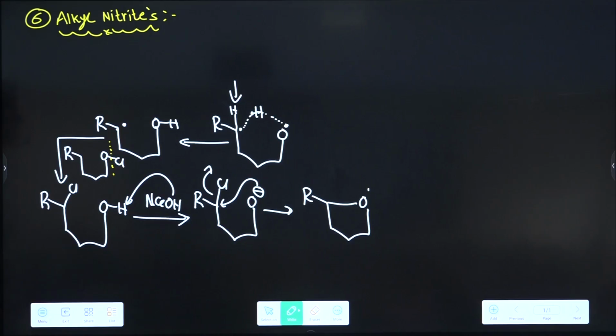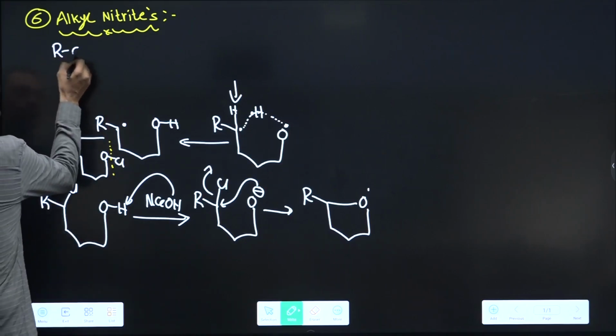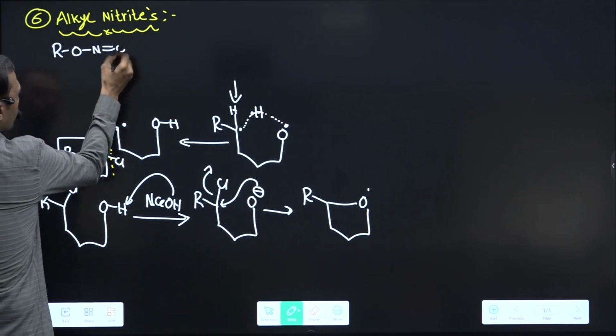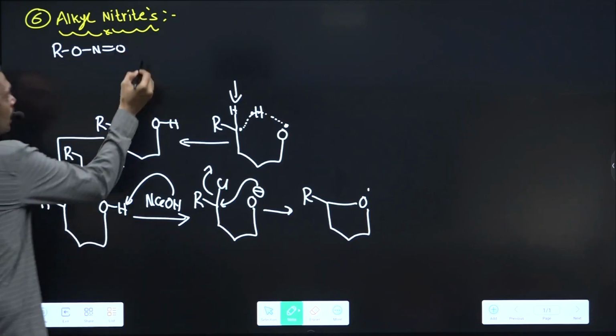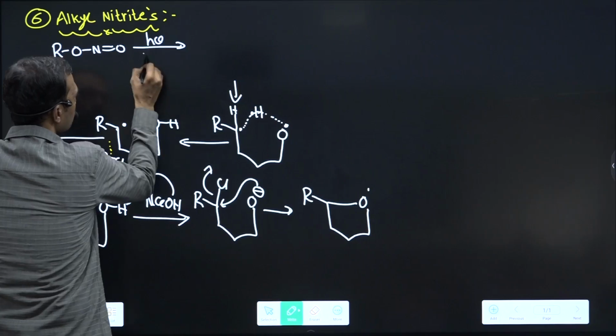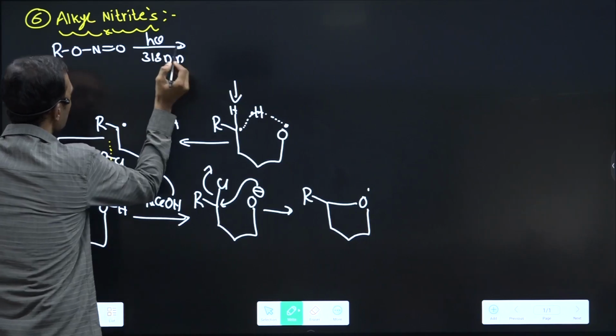Alkyl nitrites. So RONO is called alkyl nitrite. Alkyl nitrite on photolysis, mostly 330 nanometers has been used.